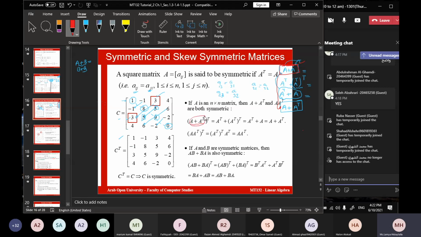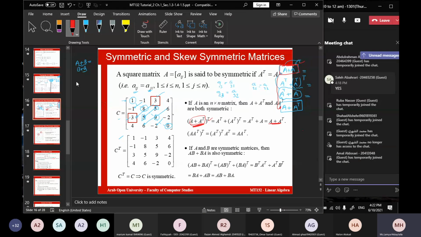How do we prove it? Find its transpose, then you should end up with the same matrix as here. So is it clear?